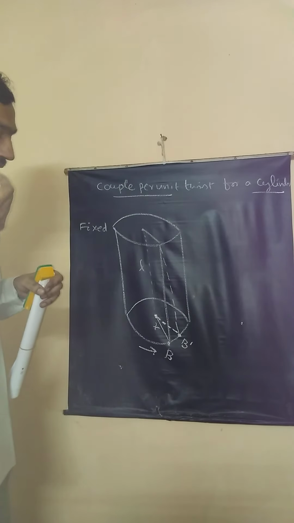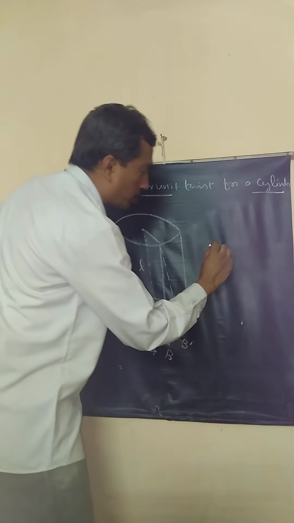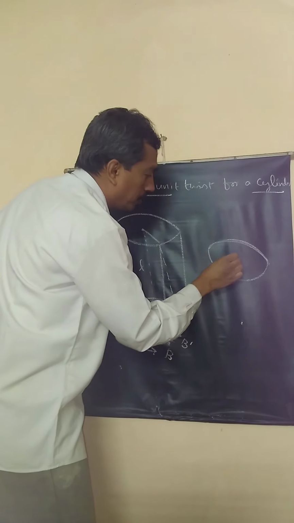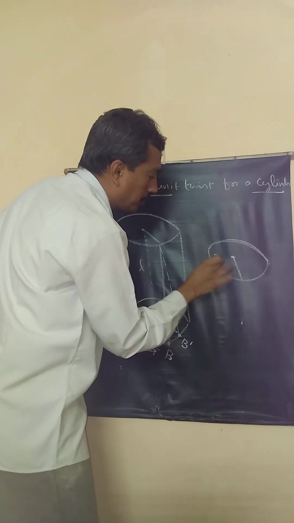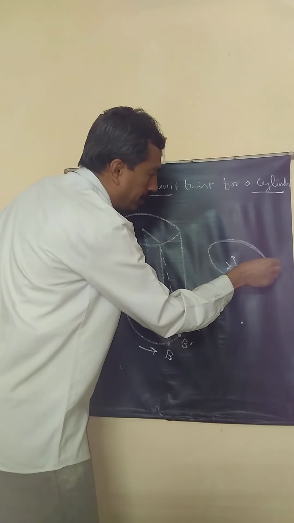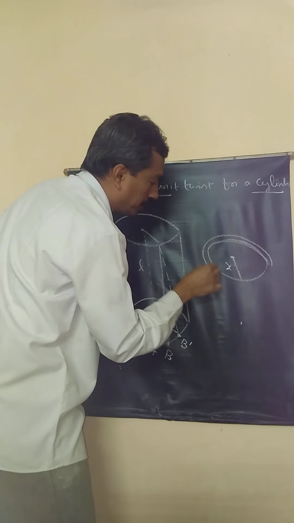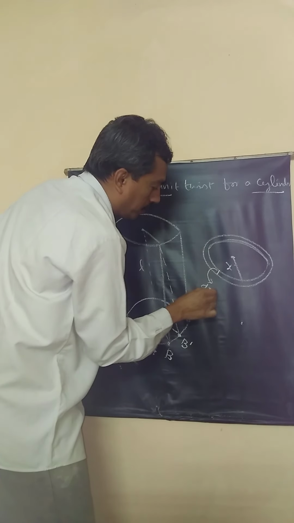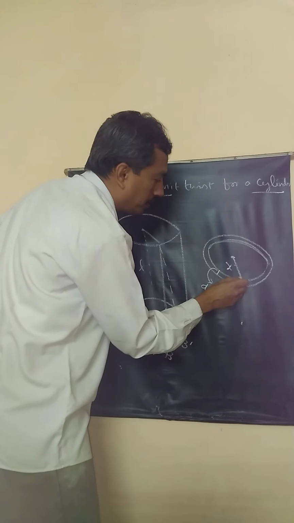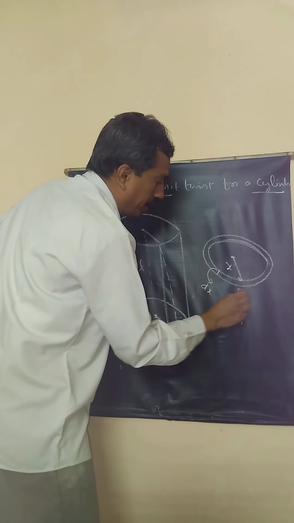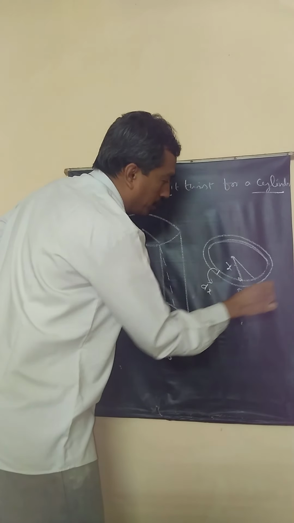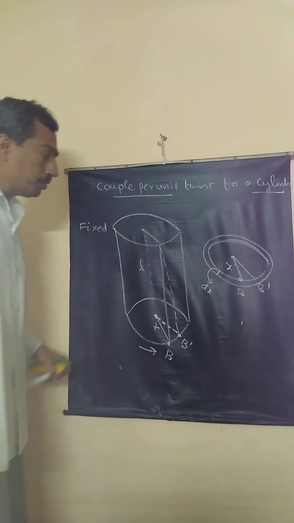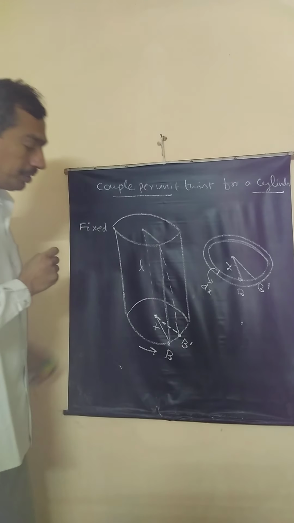Let the thickness of the cylinder be dx. So what I have written is this: the cylinder radius is x. Let the thickness be very small, dx. This is the original point. It gets displaced to this point.